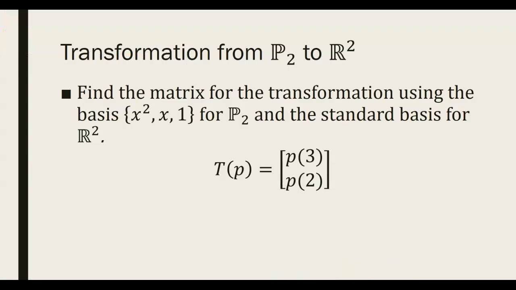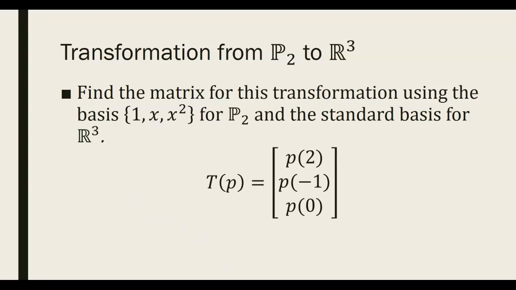So what I would like you to do is just think about what would have happened if we reversed the order of the basis for P2. So instead of starting with x squared as the first basis element, what would have happened if we started with 1 as the first basis element? Now, this shouldn't be a big surprise to anyone.